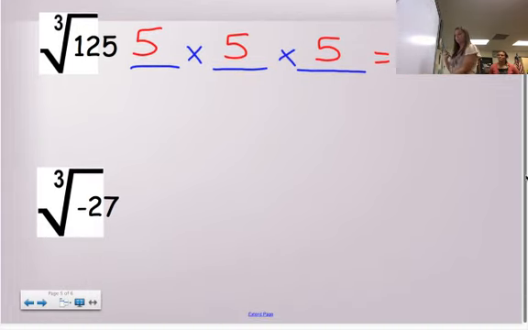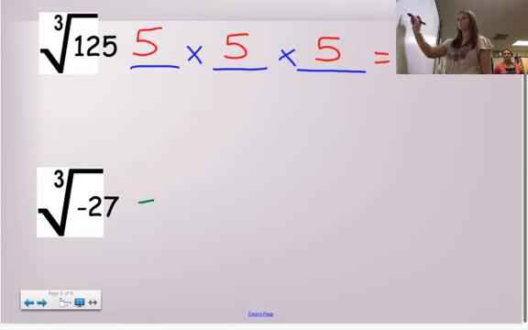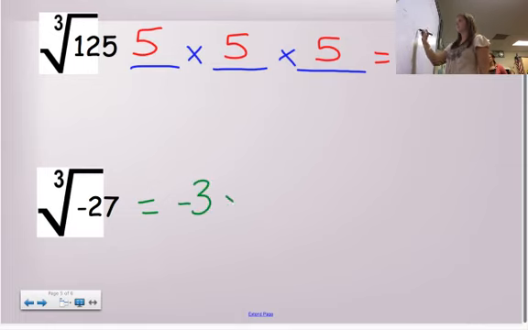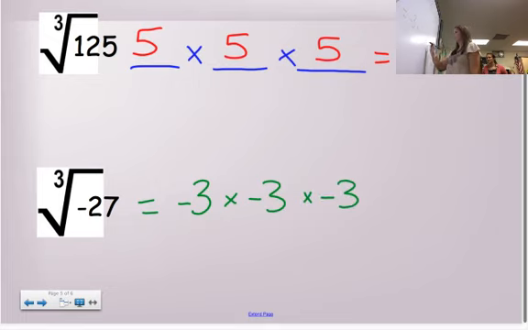Now this one, we could not take the square root of a negative number, but we can take the cube root of a negative number, and let me show you why. Because we can multiply negative 3 times negative 3 times negative 3. If we have an odd number of negatives, like we do here, 1, 2, 3, our answer is going to be negative as well.